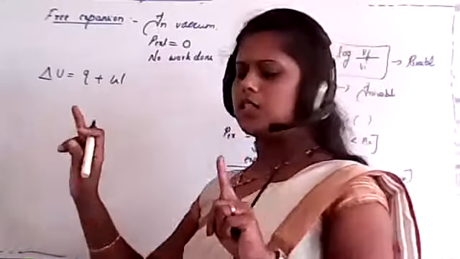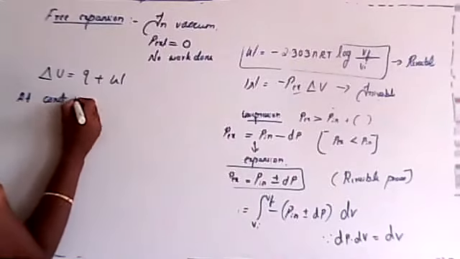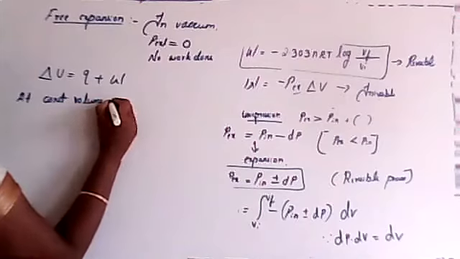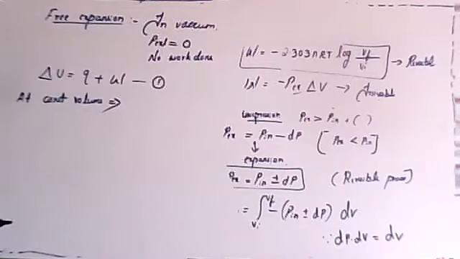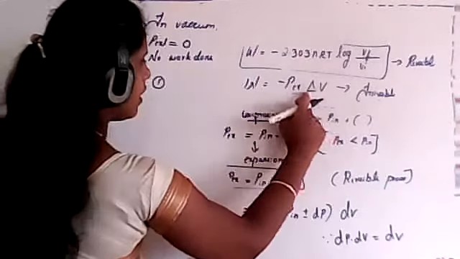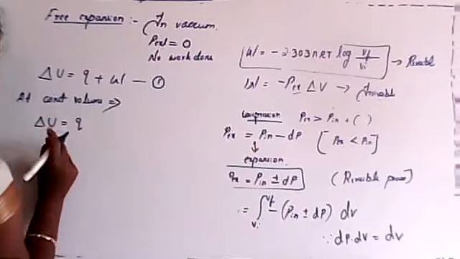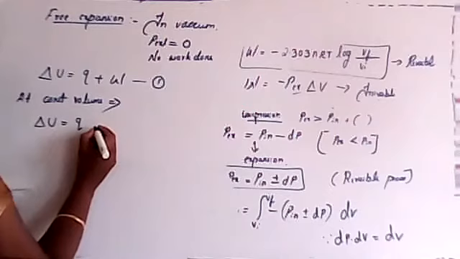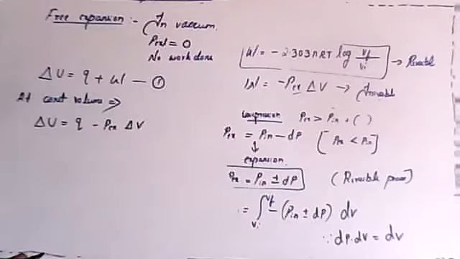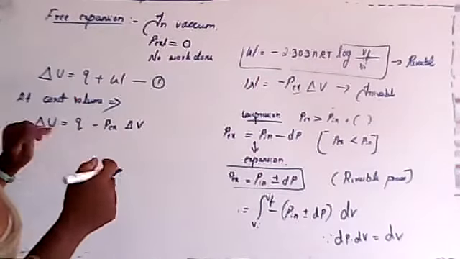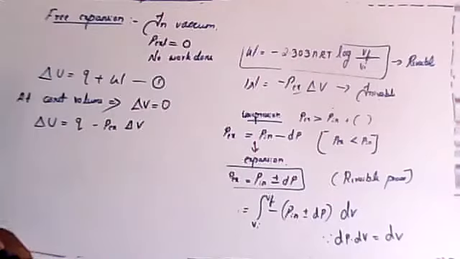We have already seen delta U is equal to Q plus W, where W is minus P external delta V. Delta V is equal to 0 because at constant volume, delta V will be 0.